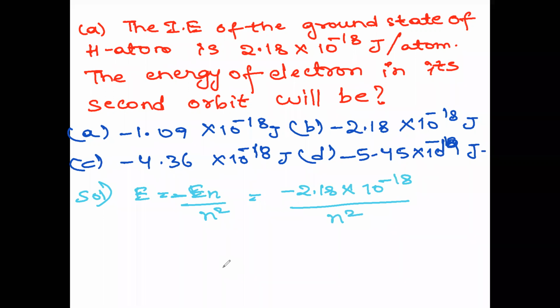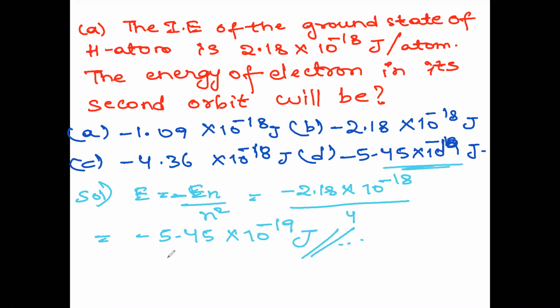Here n is the second orbit, so directly 4. After calculating this, you'll get minus 5.45 into 10 to the power of minus 19 joules. So the answer is the fourth option. I hope this is clear.